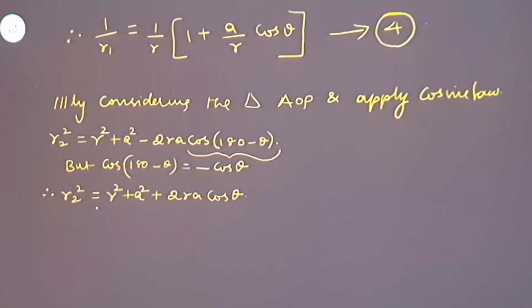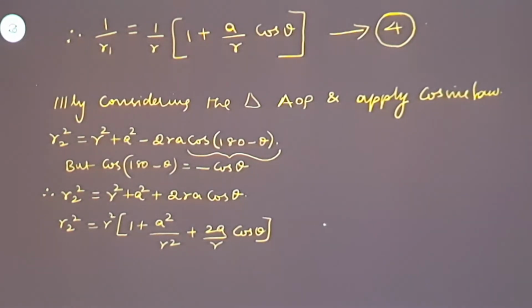So simplify this as you have done in the previous case. R2 square is equal to, taking R square common, 1 plus A square divided by R square plus 2A divided by R into cos theta. Since A square divided by R square is very much less than 1, it can be neglected.